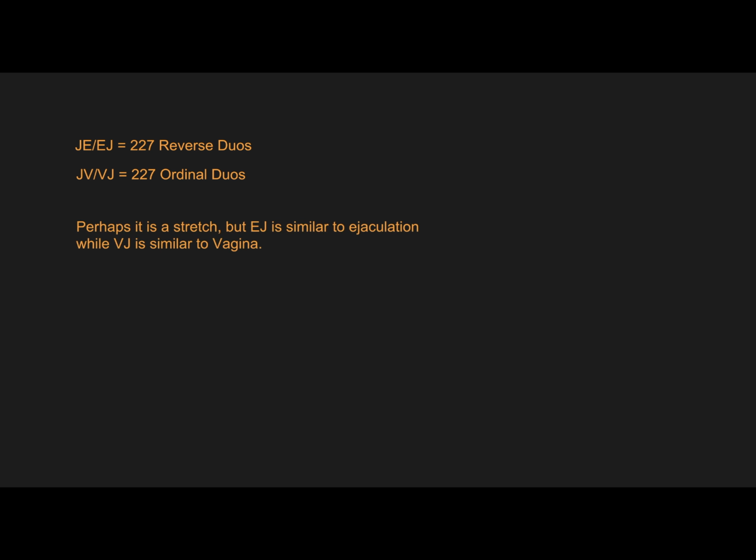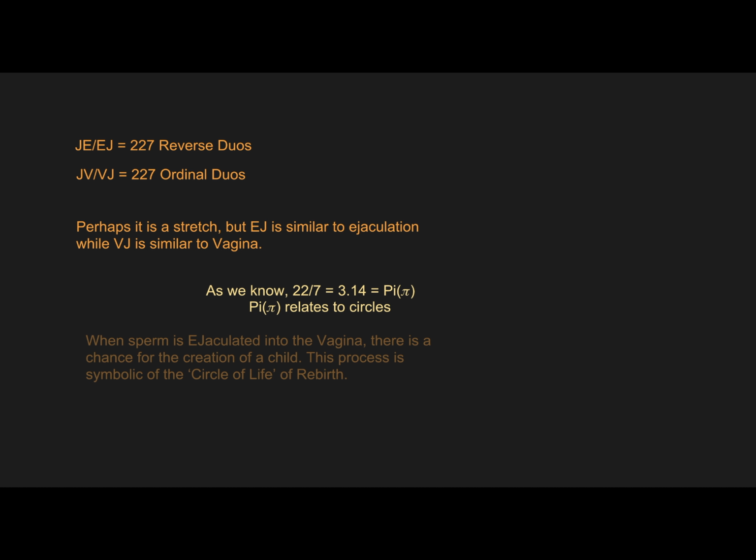Perhaps it is a stretch to see it as this, but EJ is similar to the word ejaculation, while VJ is similar to vagina. If you look up on the Mac dictionary, it actually lists vajayjay as a slang word in the dictionary. Interesting, huh? So we covered that. So when sperm is ejaculated into the vagina, there is a chance for the creation of a child.